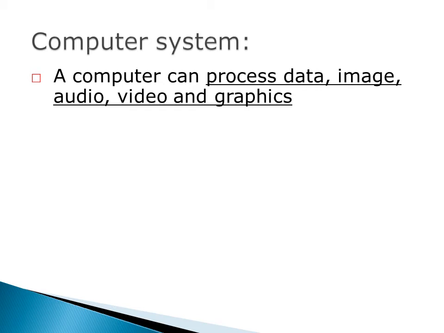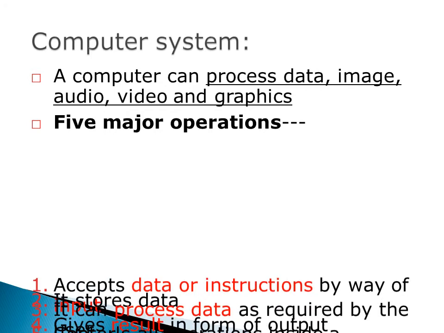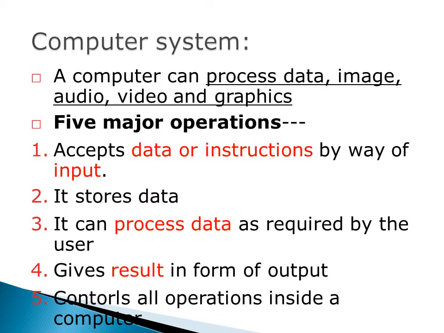There are five major operations we are supposed to do on the computer system. The first, very important, is to get the data or instructions from the input devices.